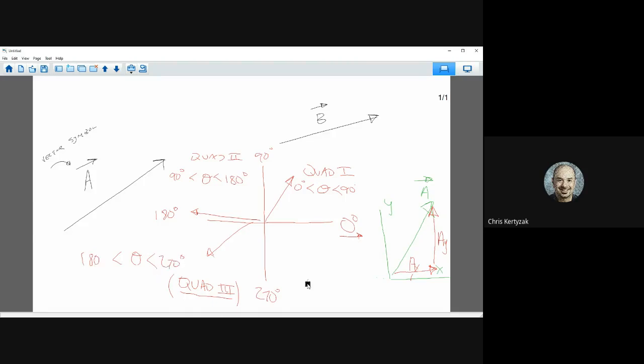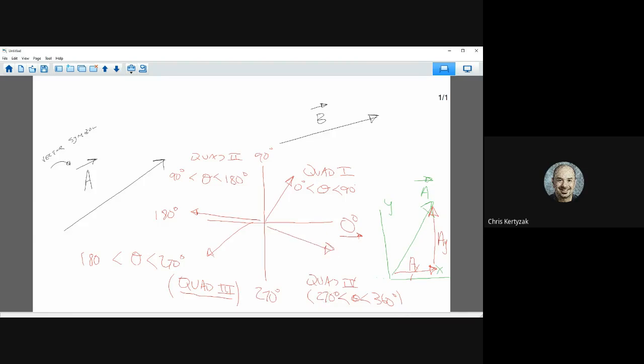Right. And then lastly, quadrant 4. The quadrant 4 vector would have to be between 270 degrees. The angle theta has to be between 270 and 360. Now this would be maybe one like this.